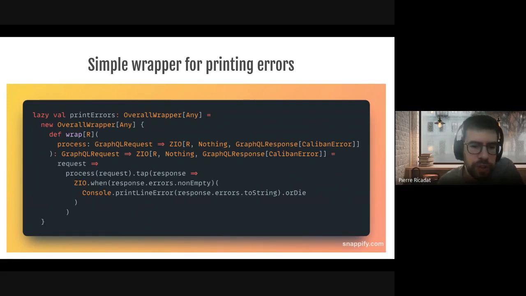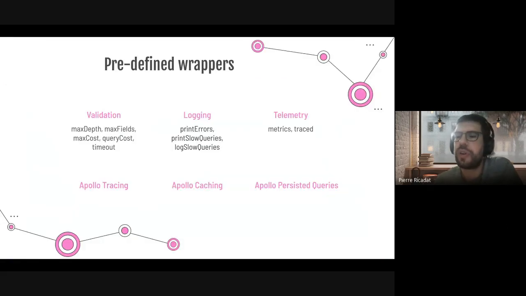So you can see in just a few lines of code, you are able to add extra printing, extra logging at the end of your request. Caliban comes with a lot of built-in wrappers. There are wrappers for validation, for checking, for example, that your query respects a maximum depth or a maximum number of fields.